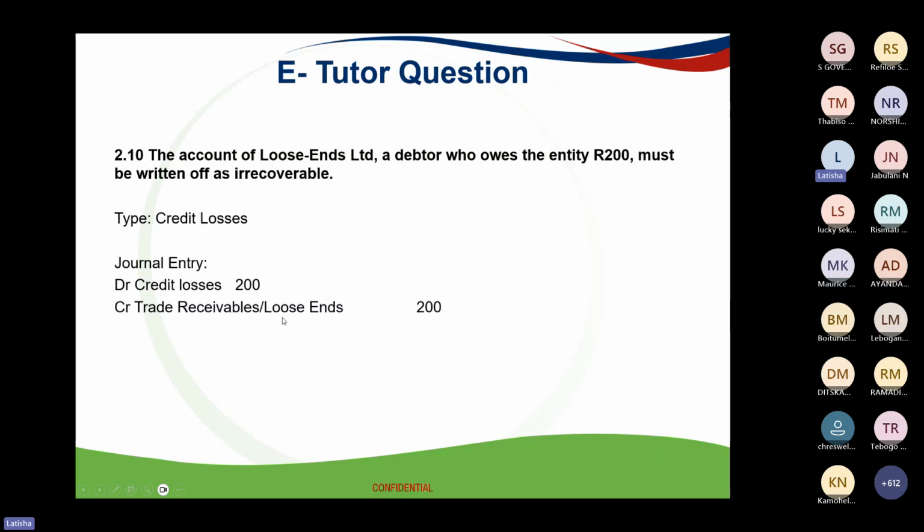It was a trade receivable, which is an asset, sitting as a debit asset. Now the money is no longer recoverable, so we need to reduce the asset. That is why we credit trade receivables, and we need to incur the loss, which is an expense, and that is why we debit credit losses. Okay, this one's quite simple, I think, from the fact there's no calculation needed.